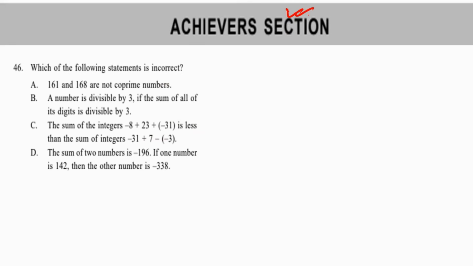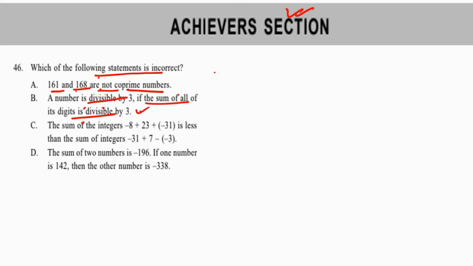The last question for the paper achievers section: which of the following statements is incorrect? The first one, 161 and 168 are not co-prime numbers. That's correct. Co-prime numbers are a pair of either composite numbers or prime numbers which have HCF as 1, highest common factor as 1. So this is correct. A number is divisible by 3 if the sum of all its digits is divisible by 3.